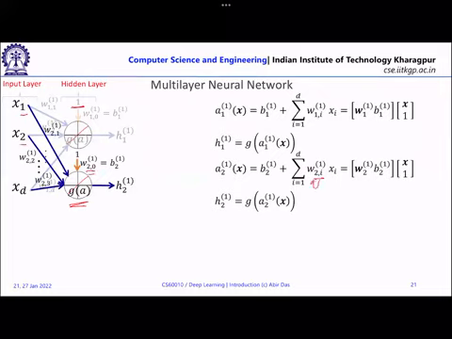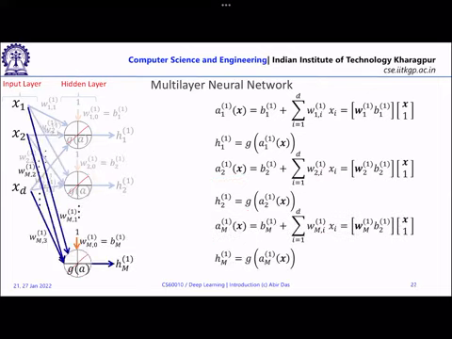So W21 X1, W22 X2, and so on. It's very similar. A2 is the pre-activation at this node, and H2 is the activation at the same node. The activation function is denoted by G. G can be sigmoid, tanh, ReLU, linear, etc. Similarly, the mth node. I'm not going into this.